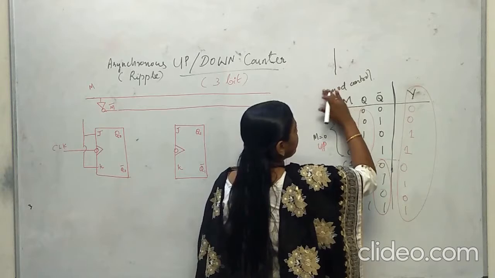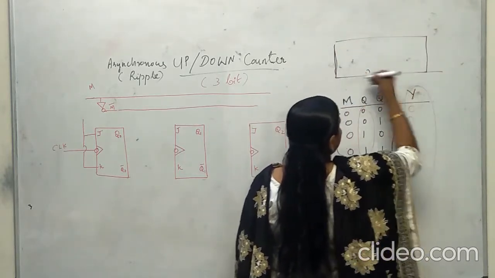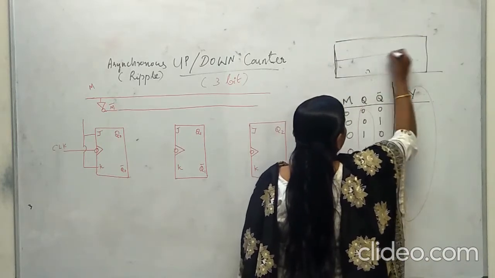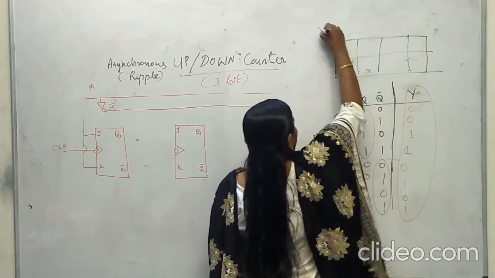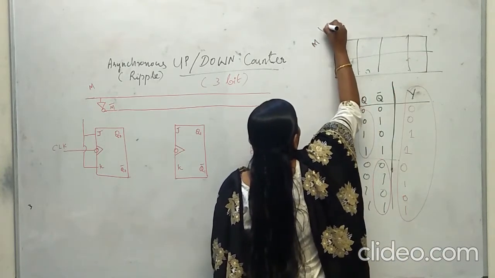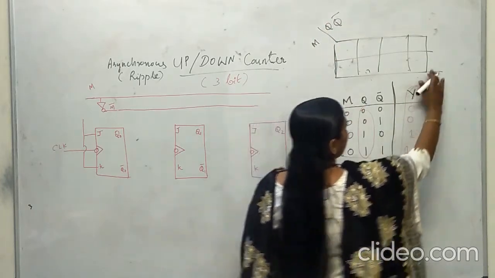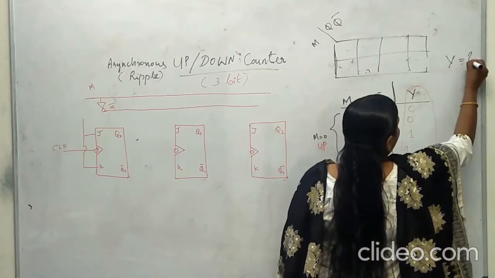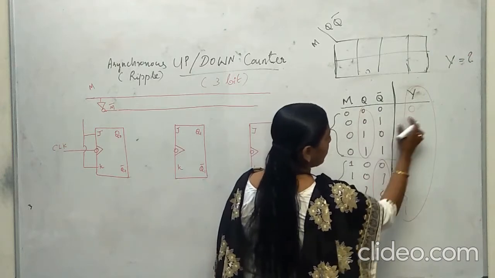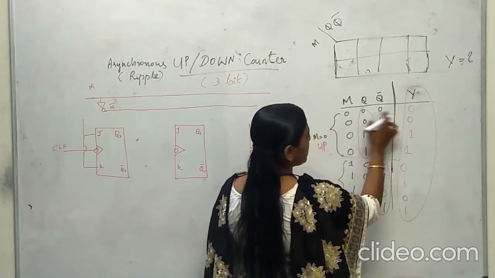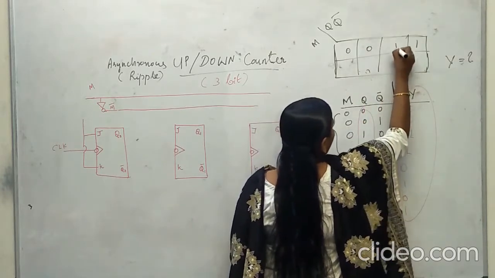So we have M, Q and Q bar as the inputs, and our output is Y, and we are going to find the equation for Y. Okay, so I have to fill in these values: 0, 0, 0, 0, and 0, 0, 1, 1.